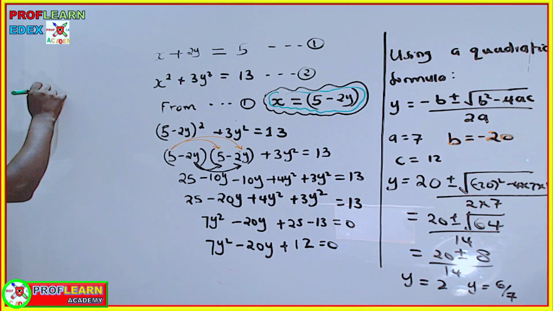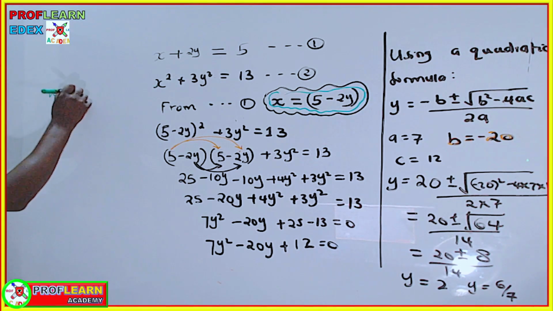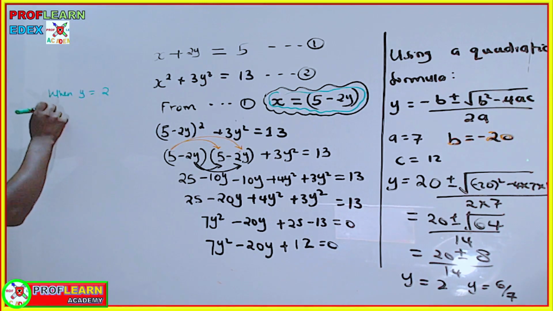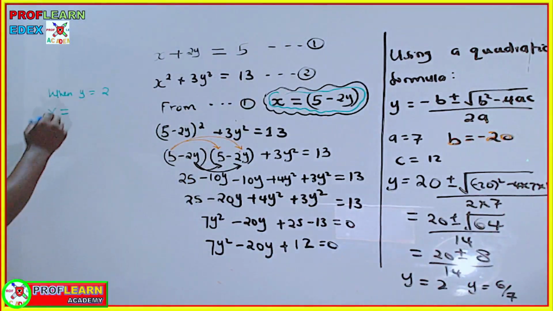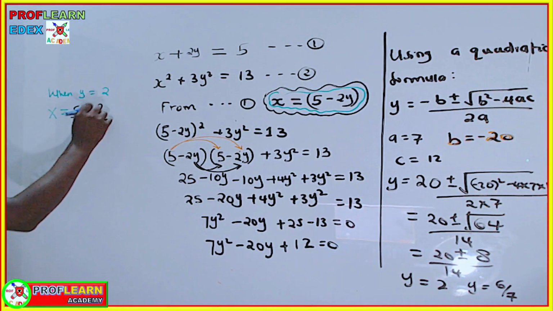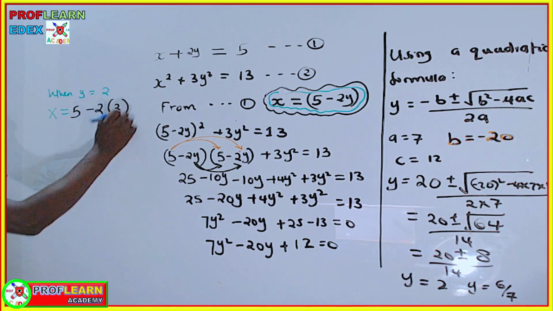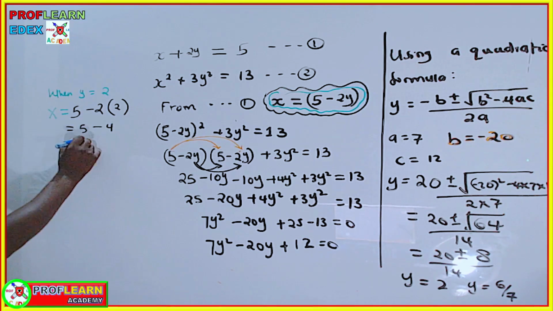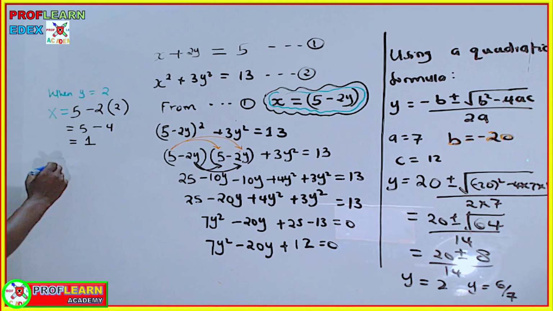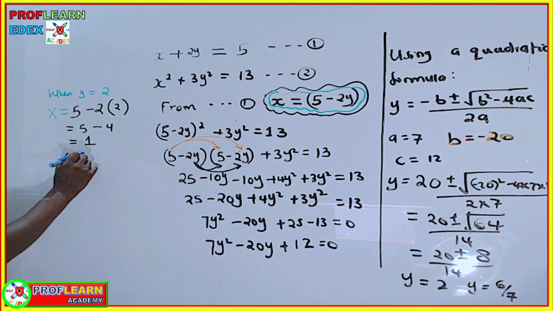When y equals 2, x is going to be 5 minus 2y, but y is 2, so this is 5 minus 4. In that case, x is 1. So the coordinate at that point is 1, comma, 2.